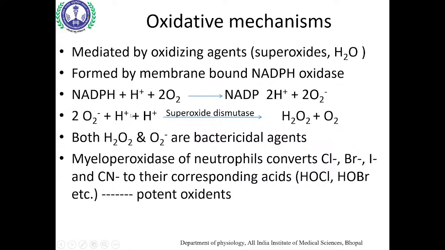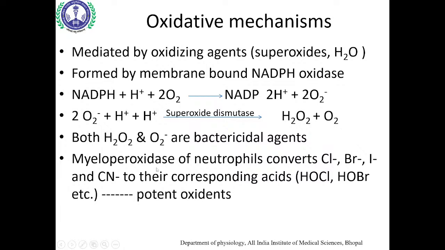Okay, now this is acting in the presence of superoxide dismutase enzyme and leading to the formation of H2O2 as well as this active oxygen, right? And these two are acting as bactericidal agents, right?